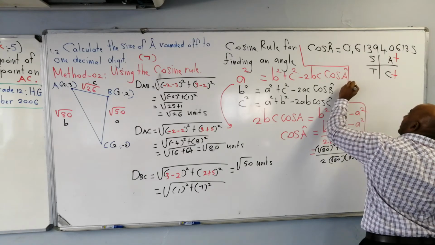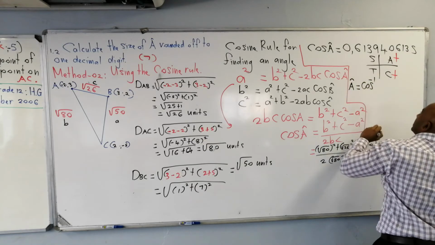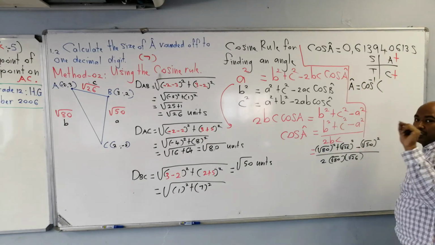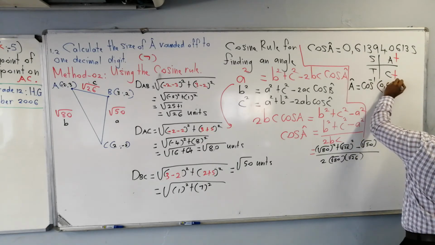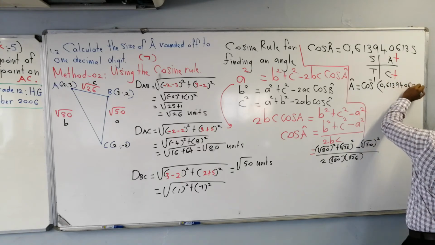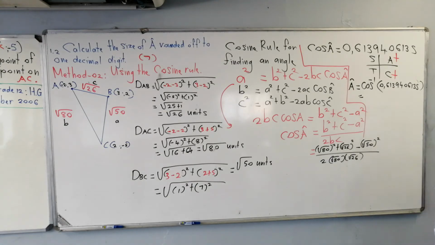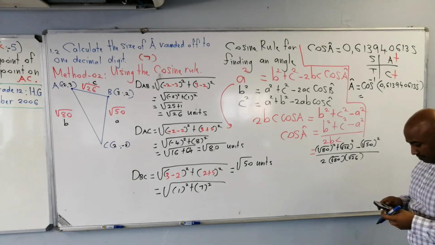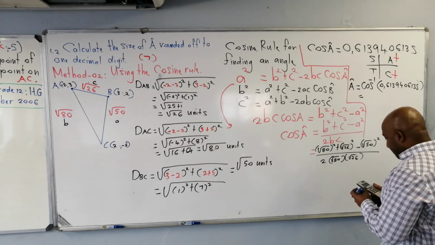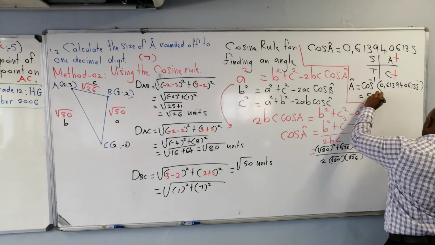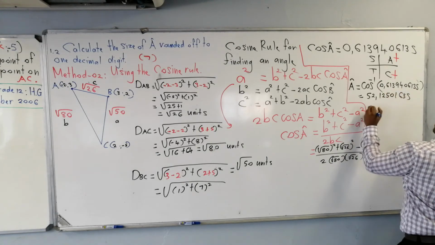Angle A is equal to inverse cos, or you press shift cos on the calculator, of 0.6139406135, and I'm getting 52.125.